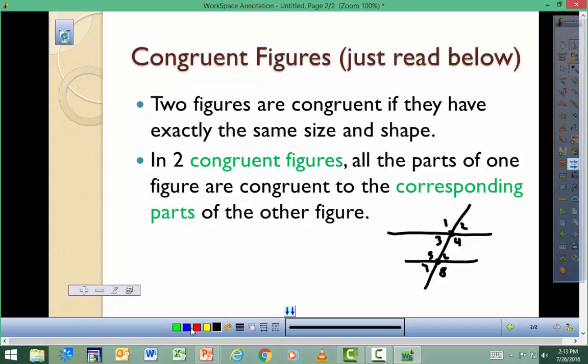For example, angle 2 and angle 6 are corresponding. Remember what it means to be corresponding? This angle 2 is on the top right side, right? In this group of angles, the angle that's on the top right is angle 6. So corresponding, again, it's this idea of same position.